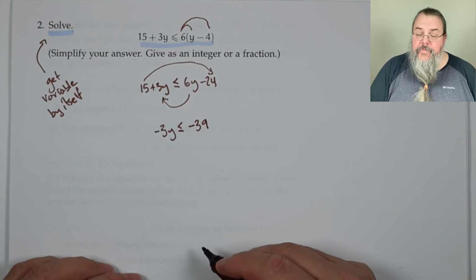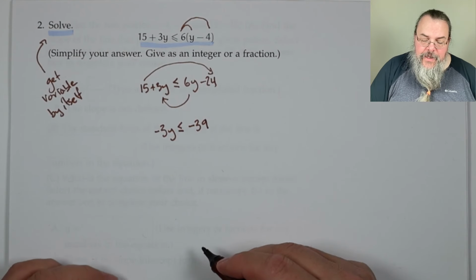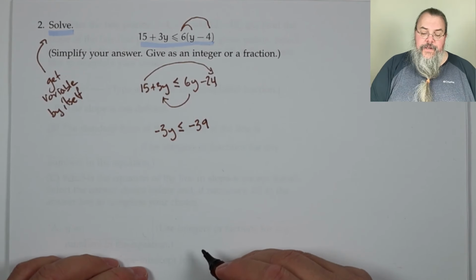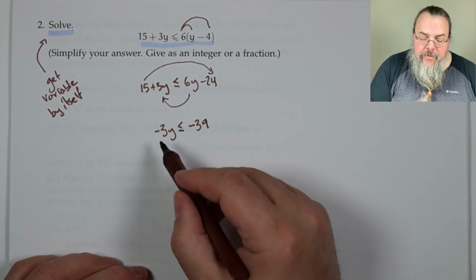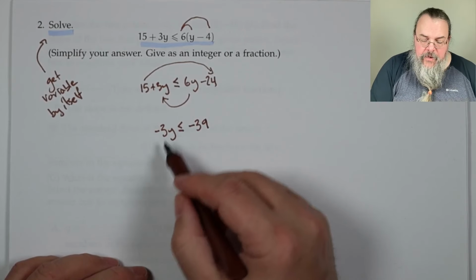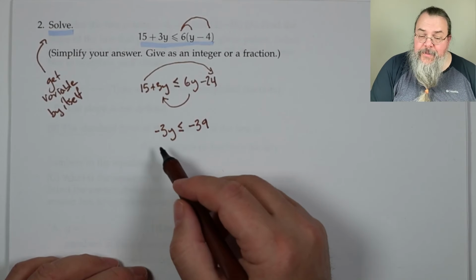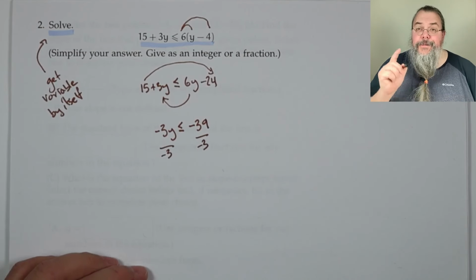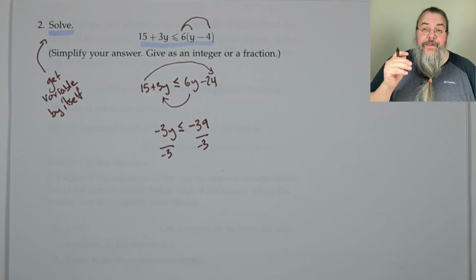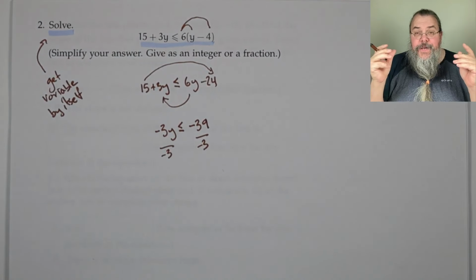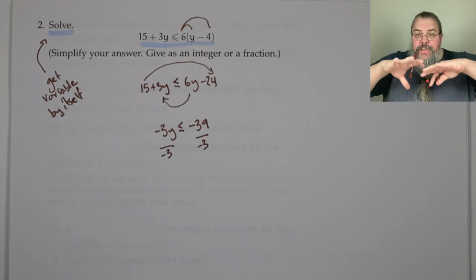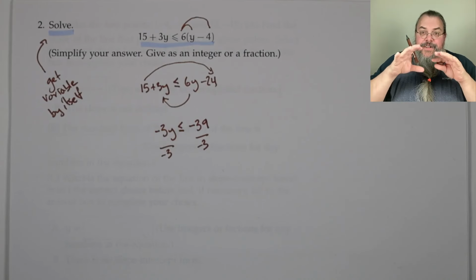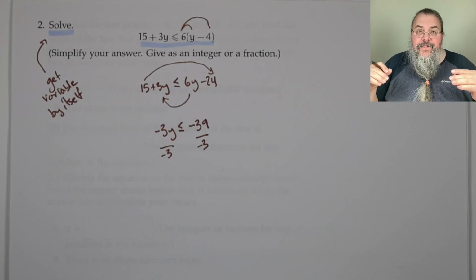All right, now what? Well, now we can divide. In this case, we divide by negative 3, right? Because we want to just get y, not negative 3 times y. So divide both sides by negative 3. Now, be careful. Sometimes you have an inequality and you don't need to worry. When there's an inequality, it's just expand, gather, and then divide out as needed.